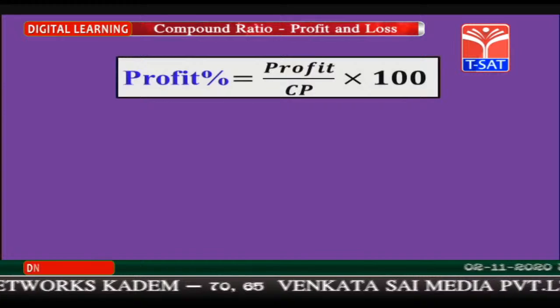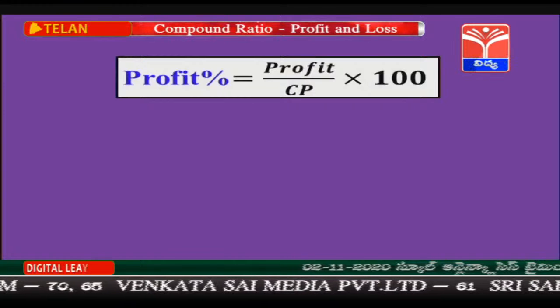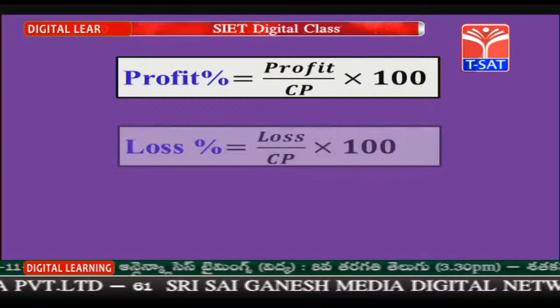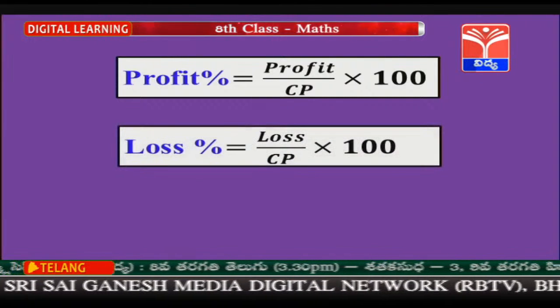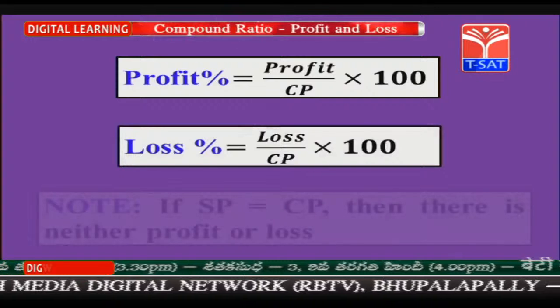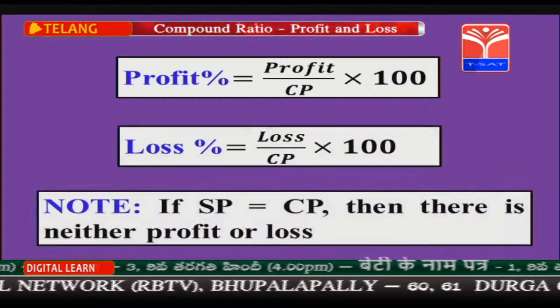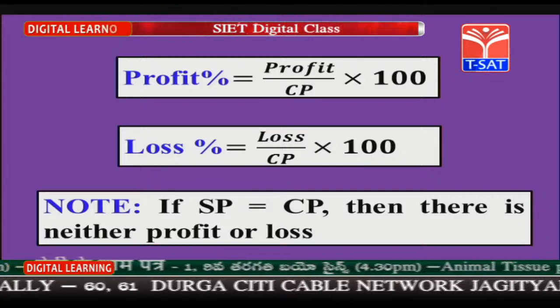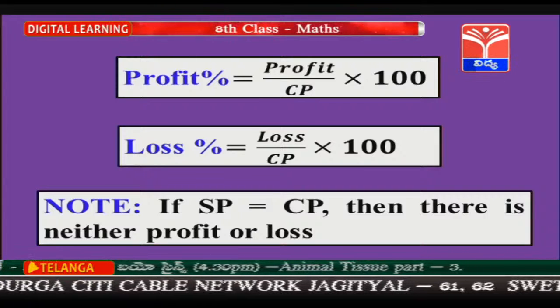And also we can calculate the profit percentage as profit by CP, that is cost price, into 100, and loss percentage as loss by CP into 100. Children, here also notice that profit percentage and loss percentage is always calculated on the cost price only.